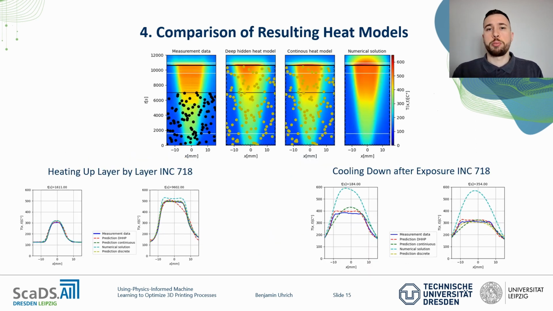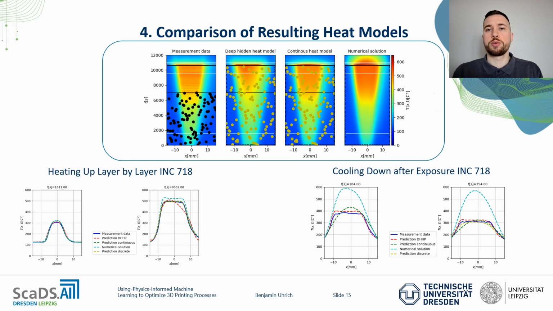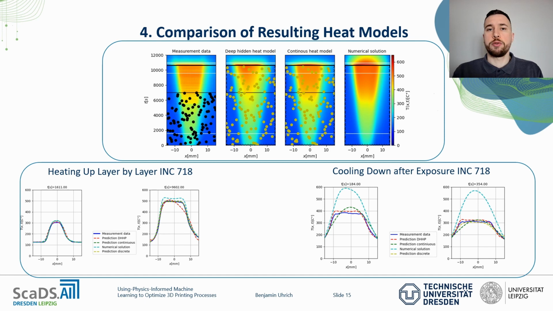So let us compare the resulting heat models and visualize the results of the different heat models for Inconel 1718. We can see here how well these physics-informed neural network approaches work. They can definitely compete with the finite difference method. I have also visualized the temperature distribution for 2 points in time for heating up as well as cooling down.